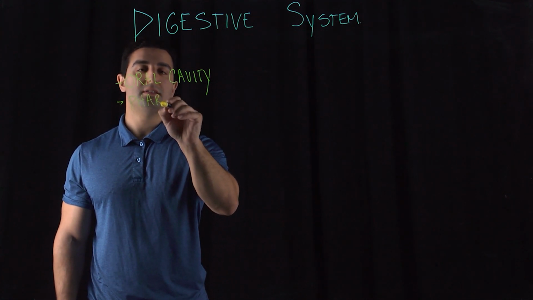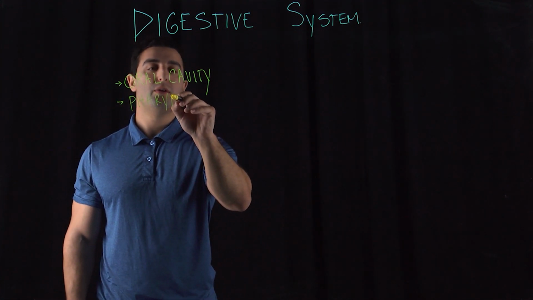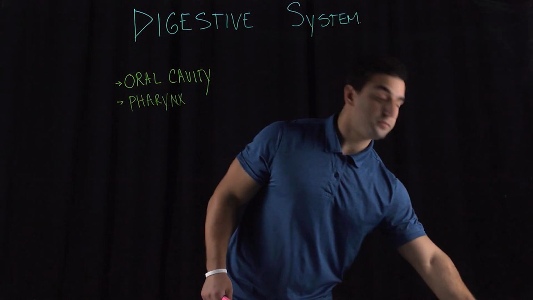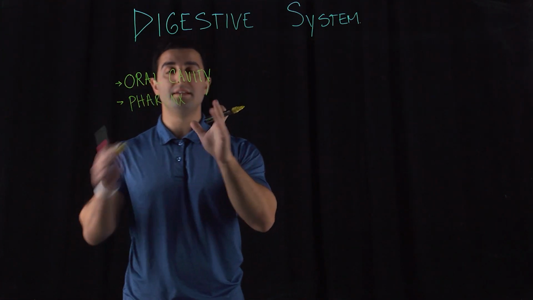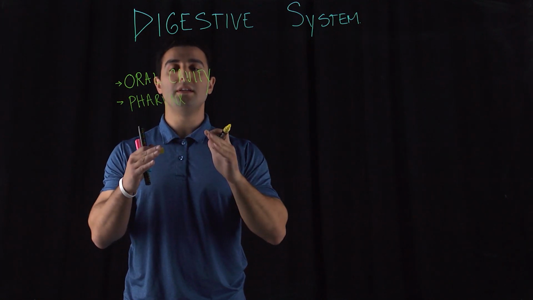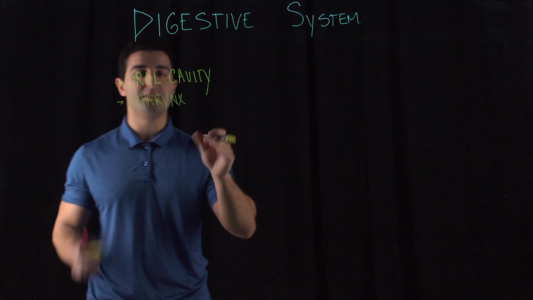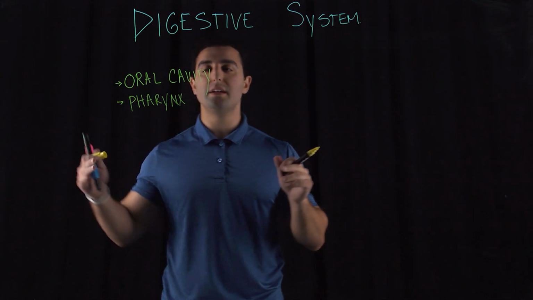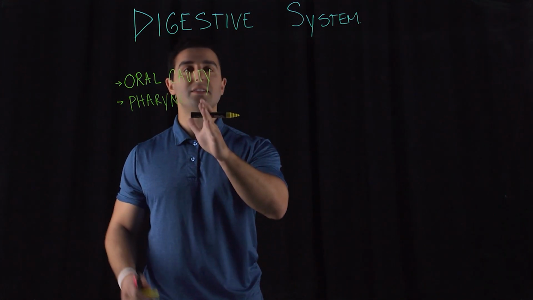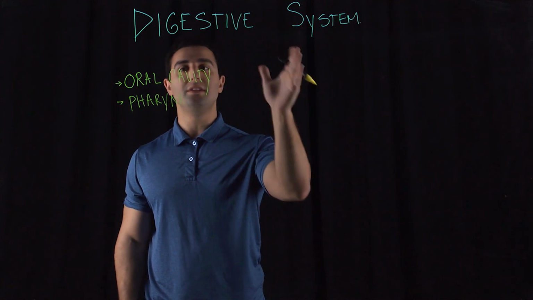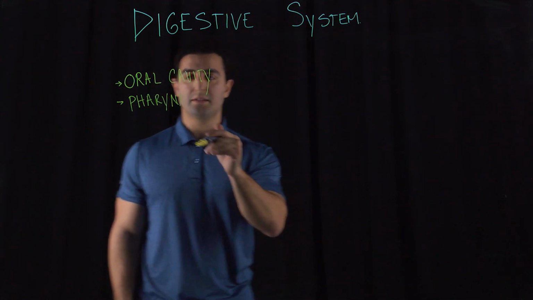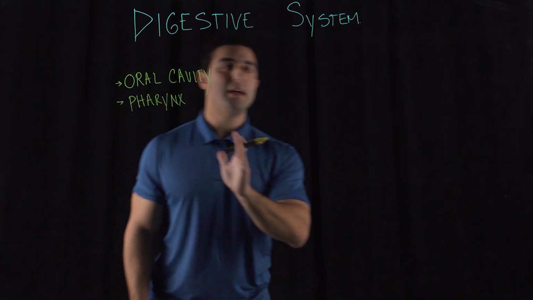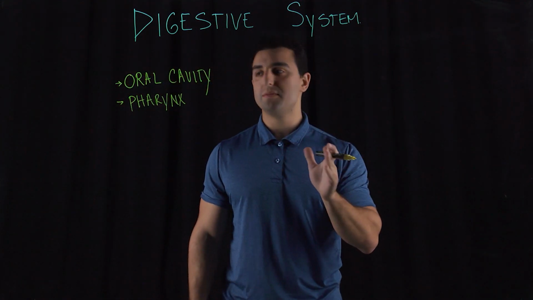If you remember, the pharynx is in tandem with the respiratory system. The pharynx comes in, separates out into the respiratory system, going into the trachea, eventually the bronchus, but it is also connected to the digestive system. So the pharynx here separates the respiratory system and the digestive system.